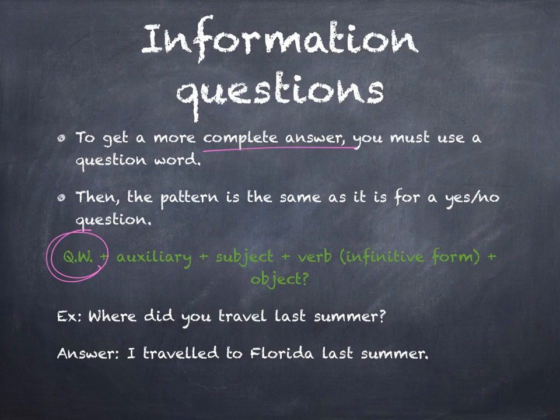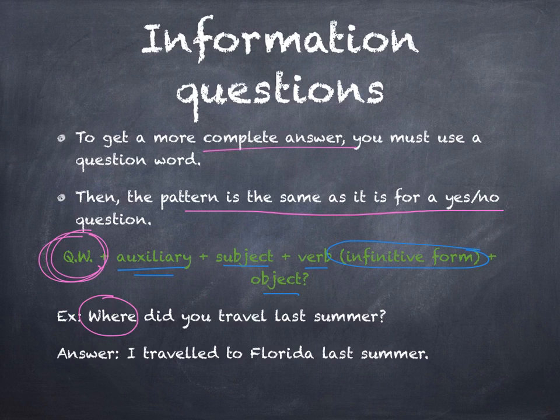So, the pattern is exactly the same as it is for a yes/no question, meaning that you have to use your auxiliary before the subject, and then the verb, always in the infinitive form, and the object if necessary. The only difference is this, the question word that you have to place in the beginning.